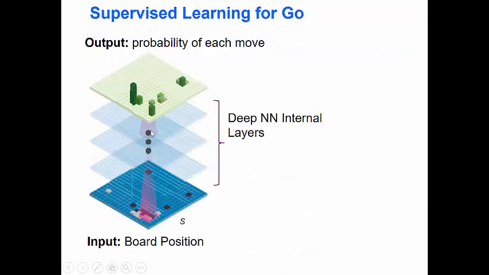And the deep network looked something like this. I've got a link to the Nature paper on this stuff, but the Go board comes in as input, and the output is sort of a probability of each move leading to a win. And usually this looks like a pretty sparse probability map, and they'll use this in two ways.